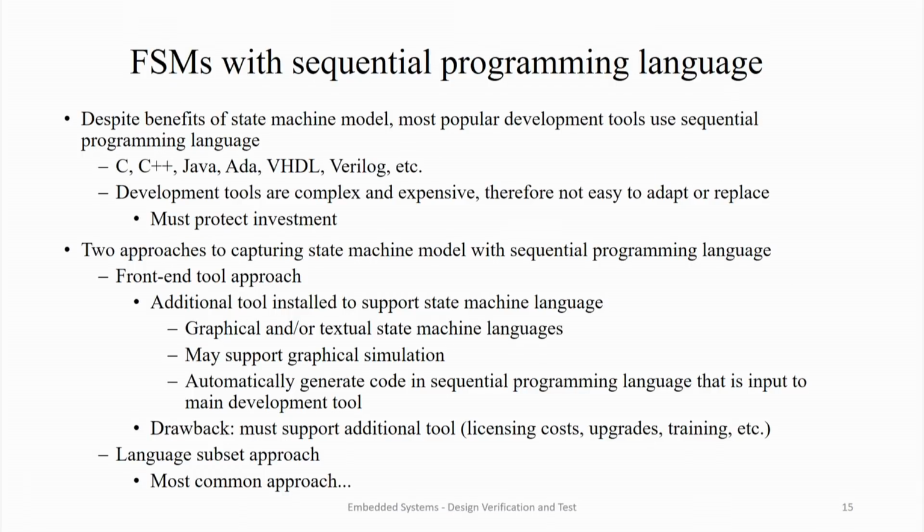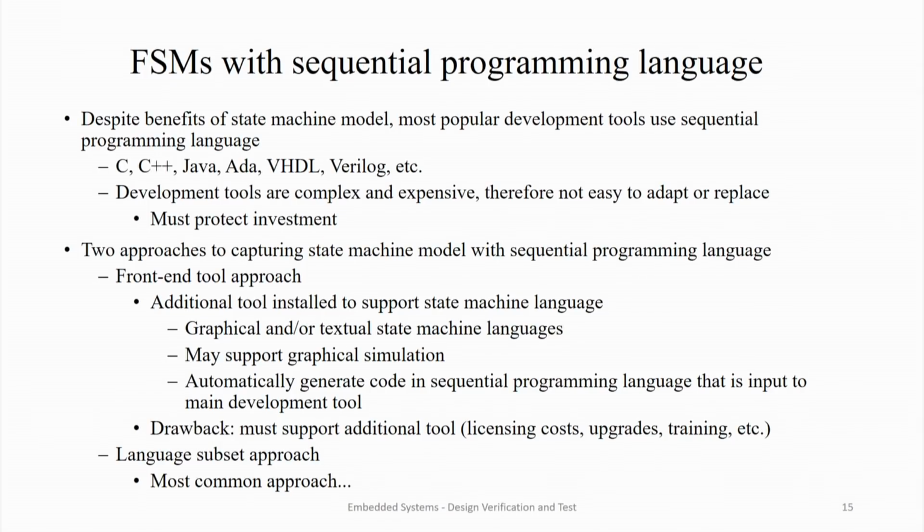Use a front end tool approach, an additional tool installed to support the state machine model, with graphical and or textual state machine languages, and that may support graphical simulation. Why graphical simulation? Because at that level itself we can, up to some level, understand whether what we have specified is correct or not.